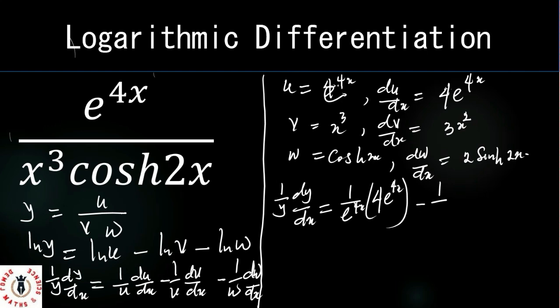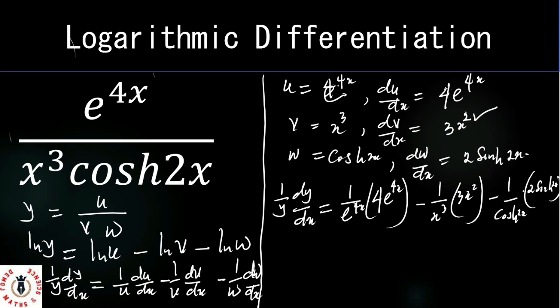My v is x raised to the power 3, dv/dx is 3x squared, and minus 1 over w. My w is cos 2x, and my dw/dx is 2 sin 2x.